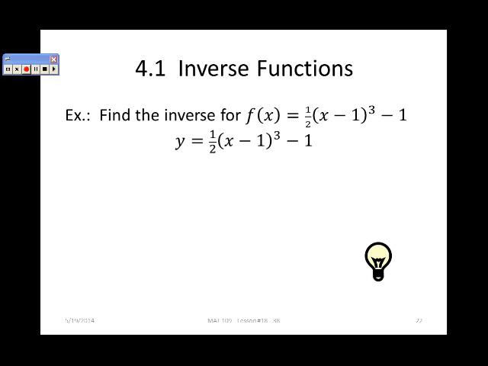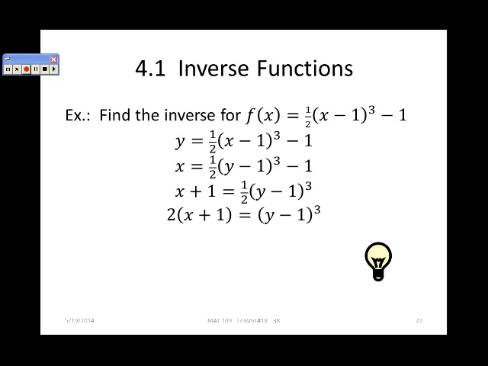If we replace the f of x with y, that's all I did was replace that with y. Now interchange the x and the y here. Now we're going to solve this equation for y. I solve that by adding 1 to both sides. I multiply both sides by 2.